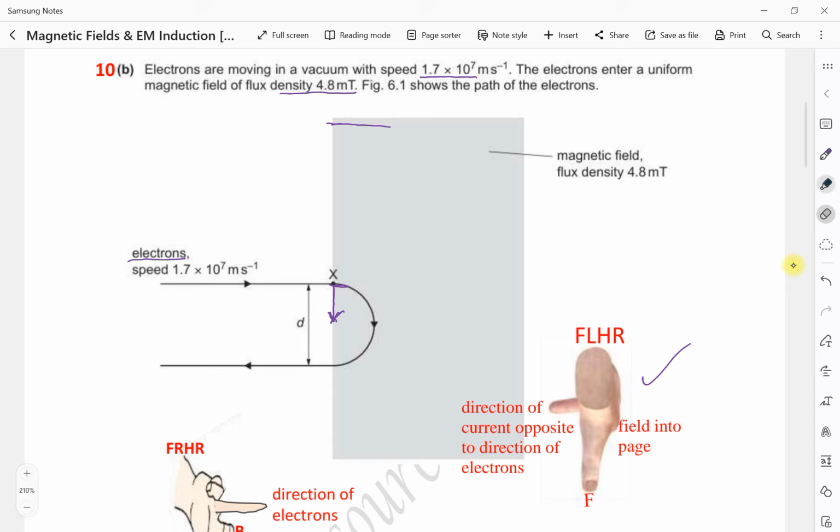The entry point is the same, then it is going to emerge from this point. Use a ruler to draw that path. So the deflection is going to be different. This diameter here is approximately twice this one here, so this is twice d.